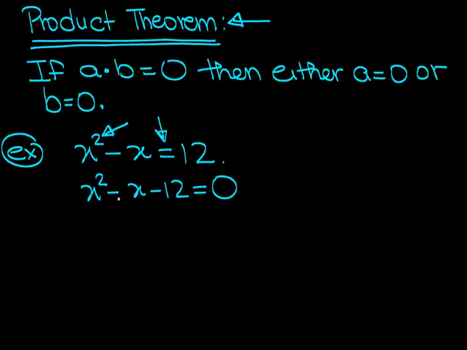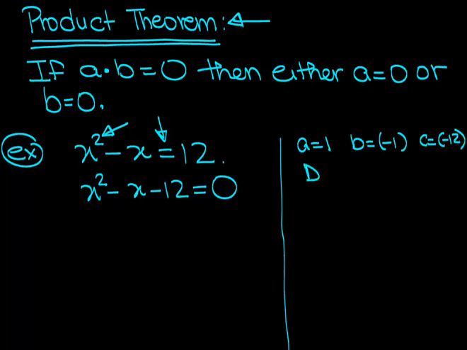So now the question is, can I factor this? I'm just going to do this once, but I won't do it again. Always do it on the side. Let's check to see if this can be factored. a is equal to 1, b is equal to minus 1, put parentheses since it's negative, and c is equal to negative 12. Let's calculate the discriminant. b squared minus 4ac is the discriminant.